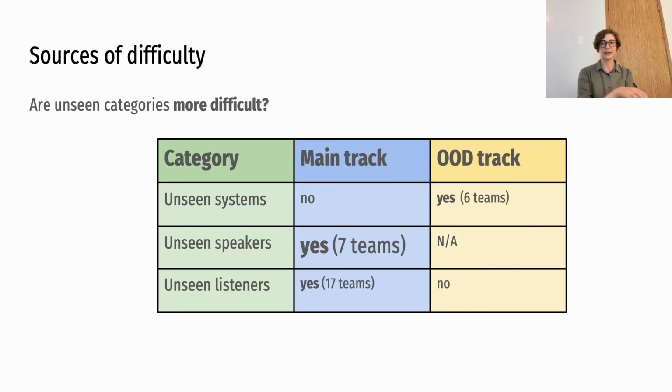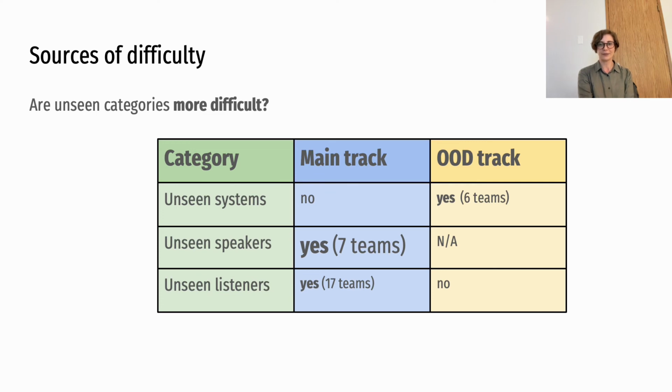We looked at which factors made prediction more difficult. We considered seen and unseen categories of systems, speakers, and listeners, since we held these out in our test set. We measured statistical significance of the difference in squared errors for the seen versus unseen category for each team.